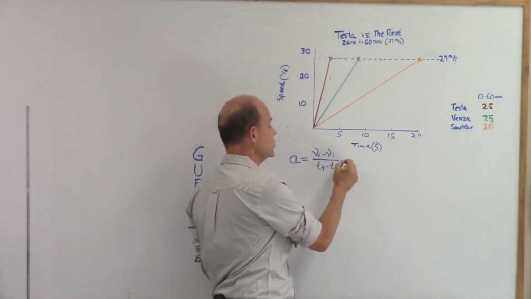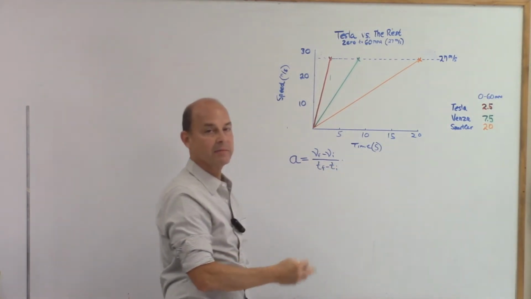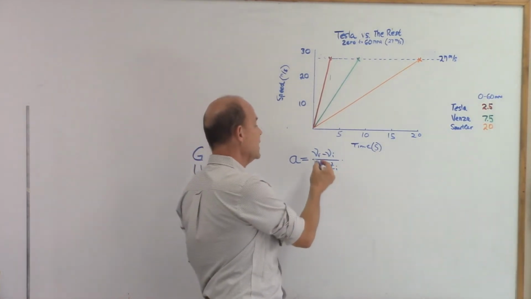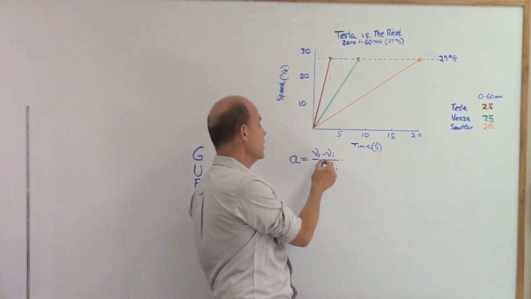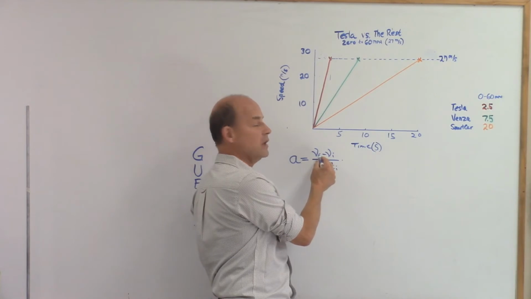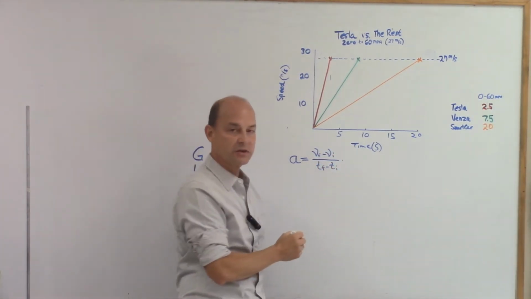This really is, as you recall, our change in speed over our change in time. That's what acceleration is. I didn't write delta V in this case. I wrote it out in more detail, showing final velocity minus initial velocity and final time minus initial time.